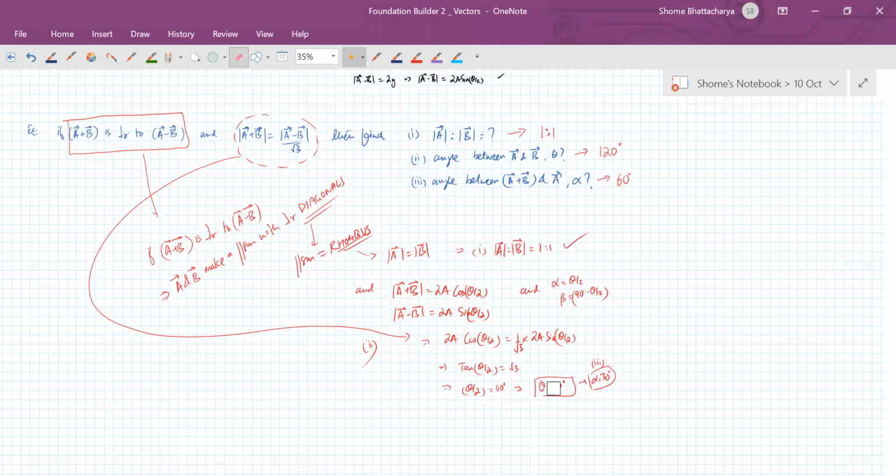This should be 120 and this should become 60. Yes, Harsh, that's correct. Theta will be 120 and not 60.